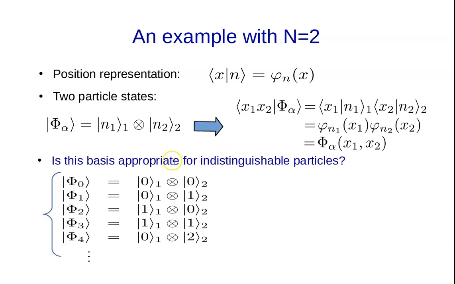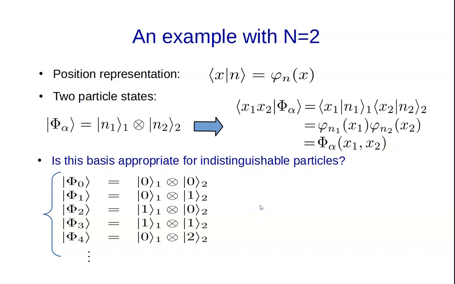Is this basis appropriate to describe indistinguishable particles? So this is the two particle basis we created out of the single particle states, and we know how to write each one of these in position representation.